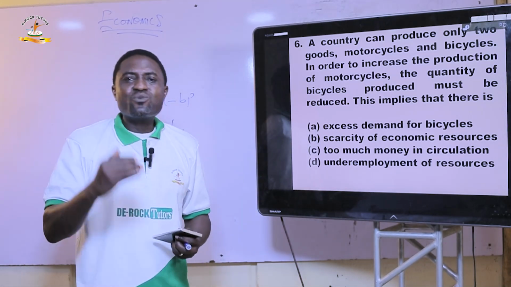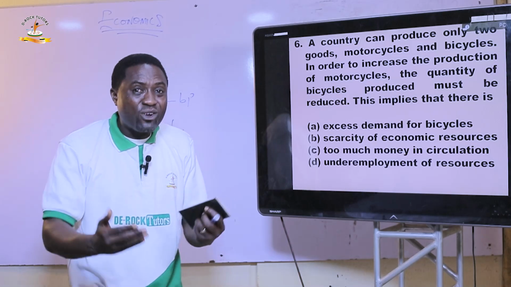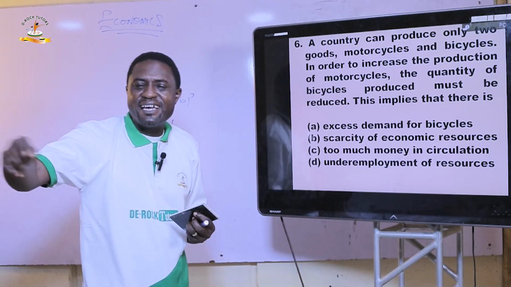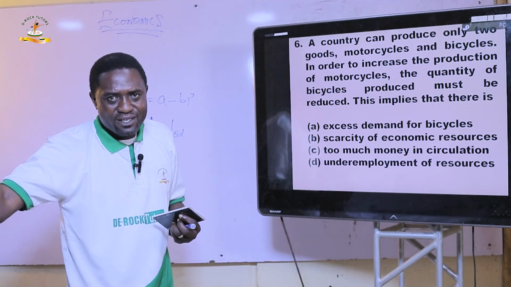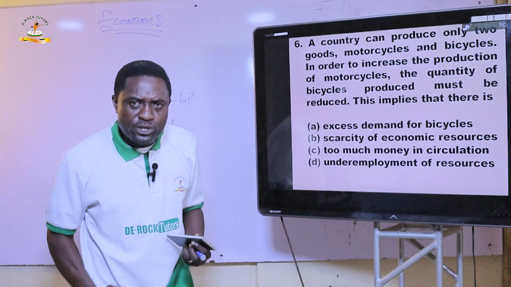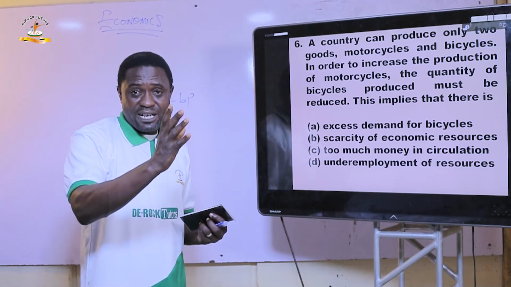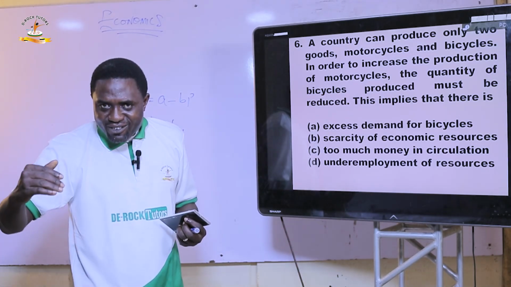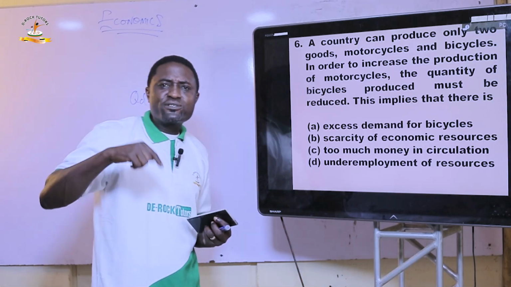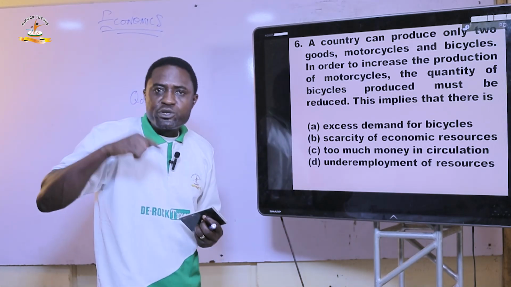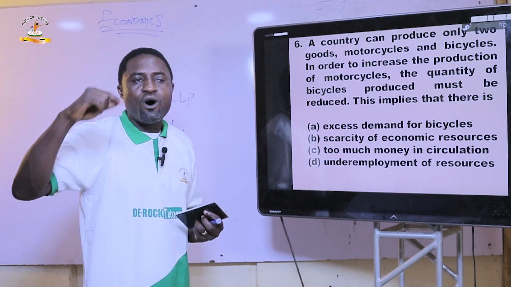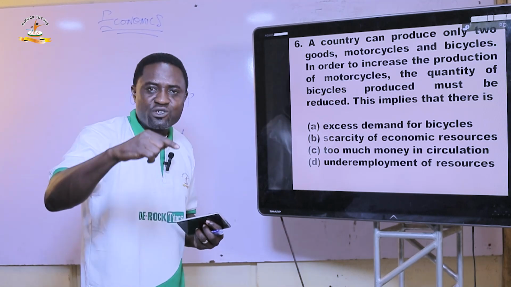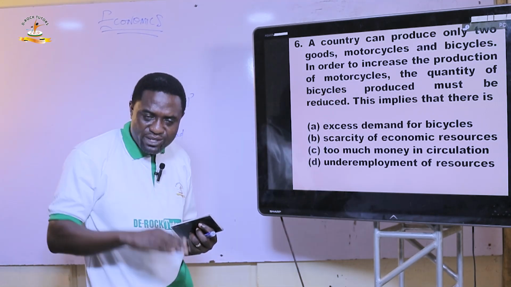The reason all these things are happening is because of limited resources, scarcity. It can be producer goods, capital goods or consumer goods. If you use your resources to produce more capital goods, automatically the consumer goods you are supposed to produce will reduce.